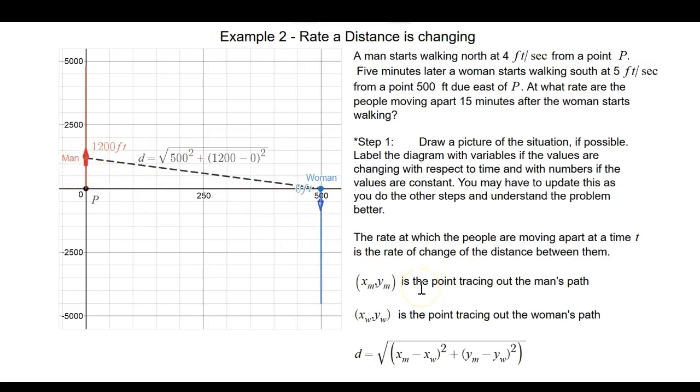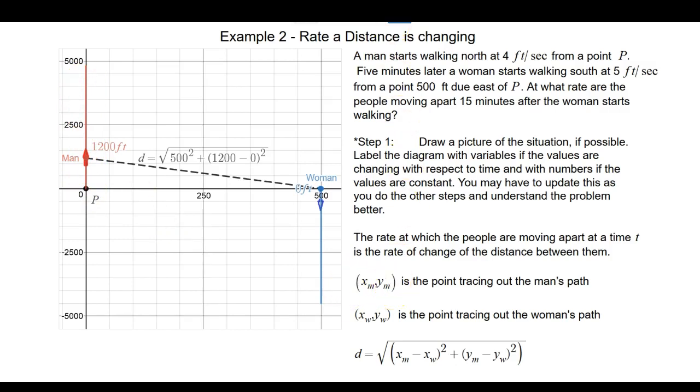So if you set this up algebraically initially, you would have a vertical line segment at x equals 500 representing the woman's path, and as time goes on the point on this vertical line is x sub w, y sub w, and then the point tracing the man's path would be x sub m, y sub m.